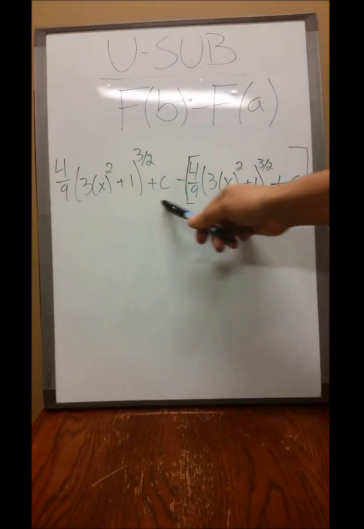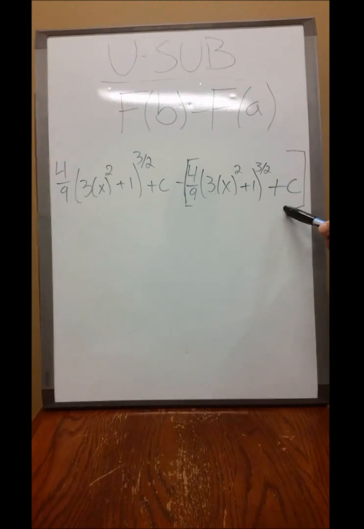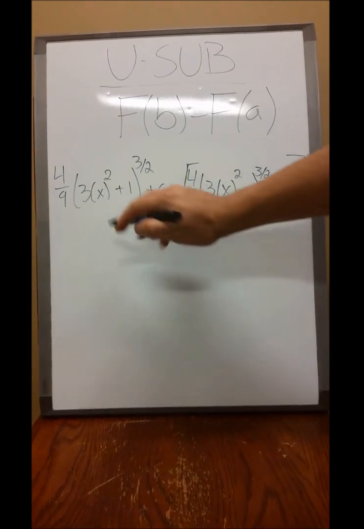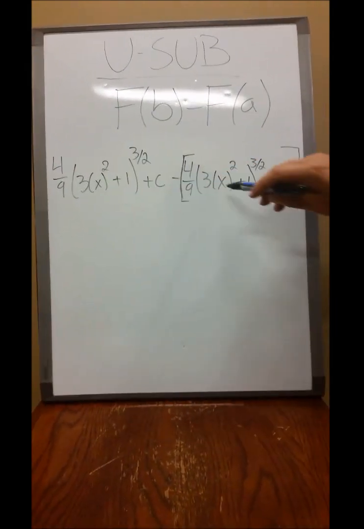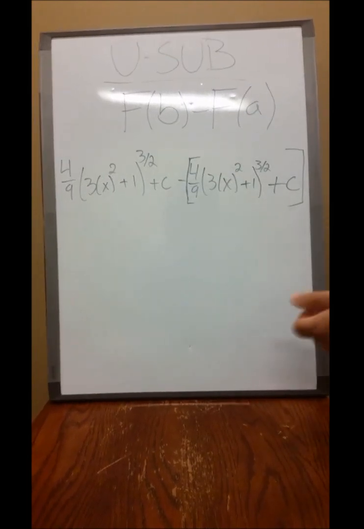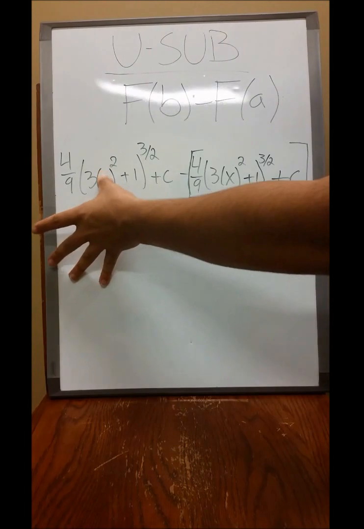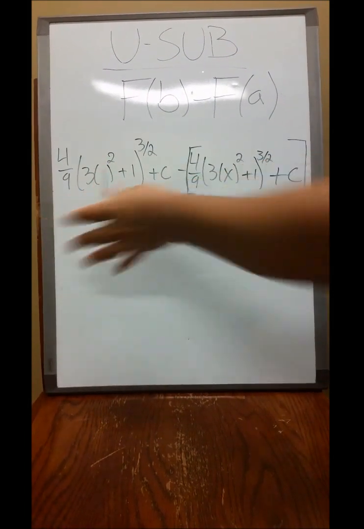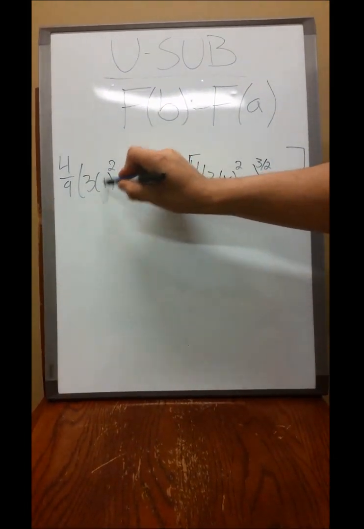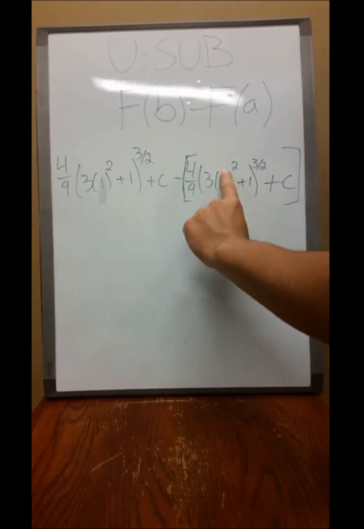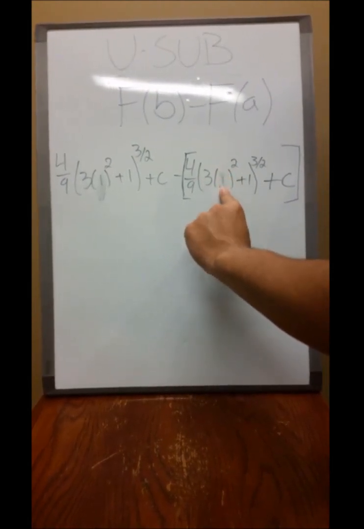So this is going to be your f of b, and this is going to be your f of a. Now, for the original equation, you always have the x's. For the f of b, since we are integrating from 0 to 1, this x is going to turn into a 1. And then this x over here is going to turn into a 0, since this is the f of a.